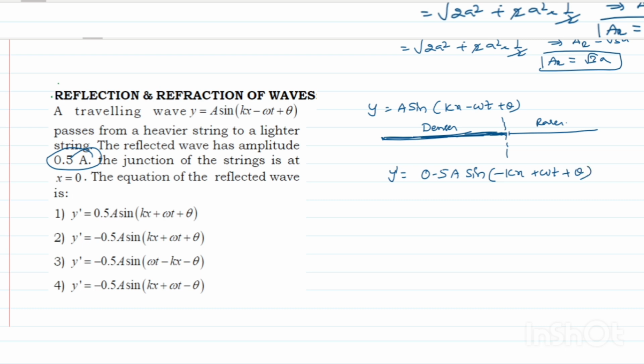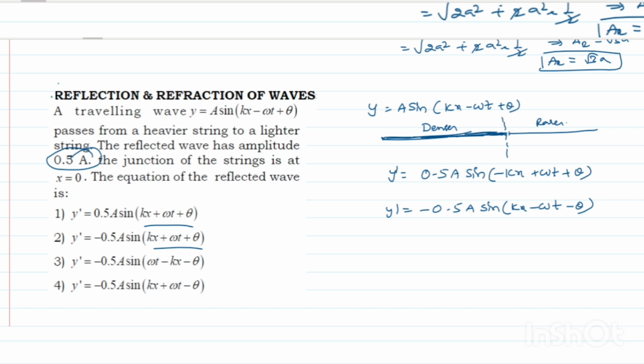Here, when you are taking common, you can take minus 0.5a into sine (kx minus omega t minus theta), students. So minus 0.5a into sine (kx minus omega t minus theta) will be getting. So this will be the correct answer, students. Here there is no rigid boundary given, so there won't be any phase difference when it is reflecting from the rarer medium.